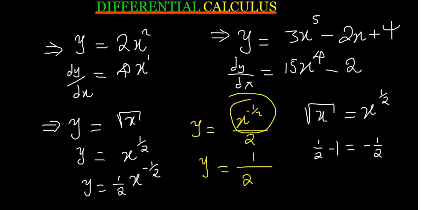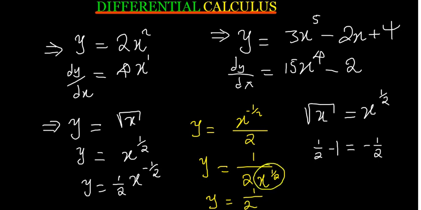When you bring this down, the power is going to now become positive 1 over 2. And so this means that your answer is going to be dy over dx equal to 1 over 2 times x to the power 1 over 2, no wait, x to the power 1 over 2 in the denominator. Now x to the power 1 over 2 is the same as square root of x. So this is the answer. The derivative of square root of x is 1 over 2 square root of x. Is that okay?